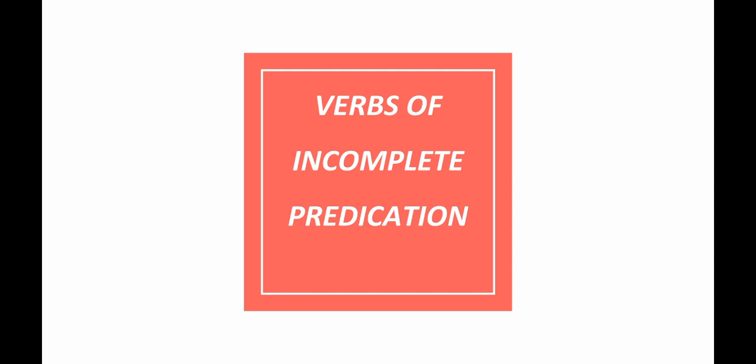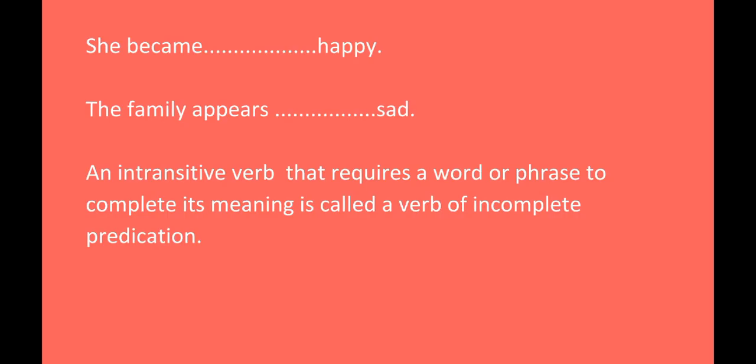Now let us see what are verbs of incomplete predication. Look at some sentences like the children cry, men eat, tigers roar. Now in these cases, the meaning is clear. They don't require any object.